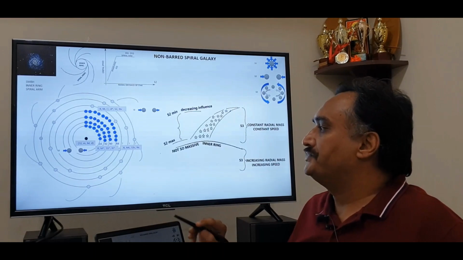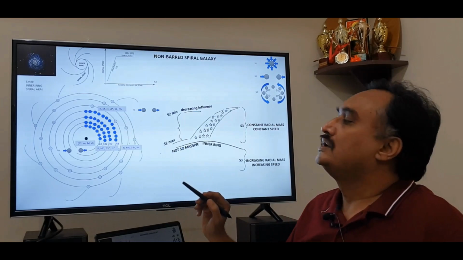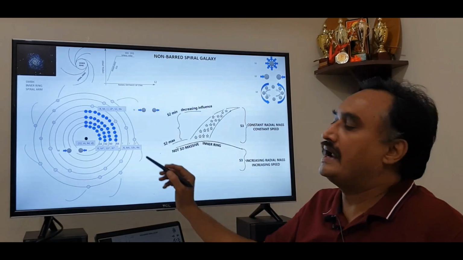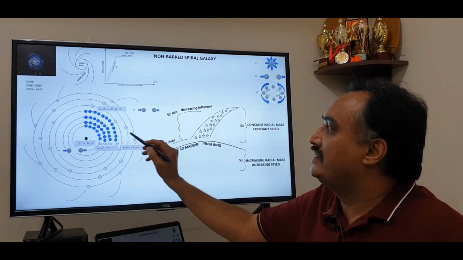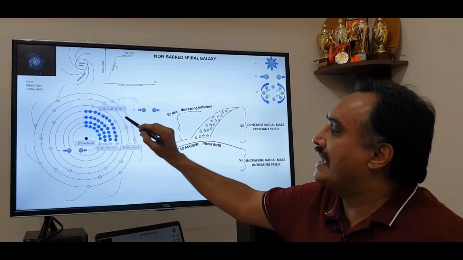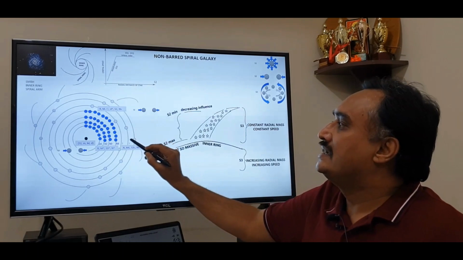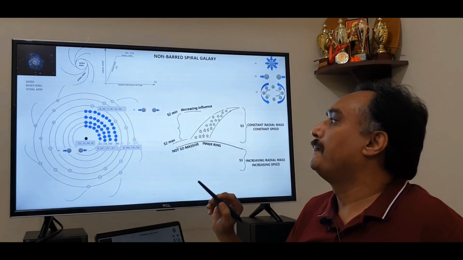So what happens when you have a reduction in the additional speed and a constant speed is, when you move away in the spiral arms, the stars have more and more distance to cover, and hence they keep falling back. If these speeds were increasing just like this, they would have followed the same way as in the inner ring. But now, since the effect is lesser, they keep falling back.